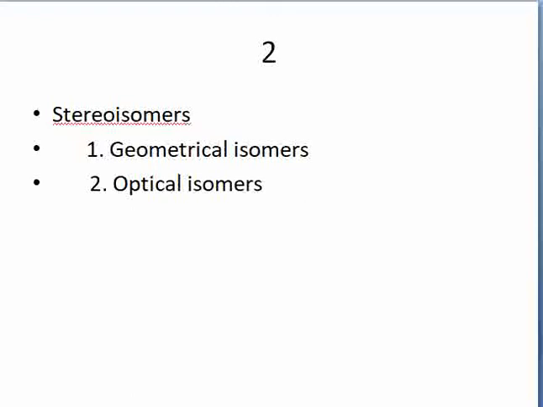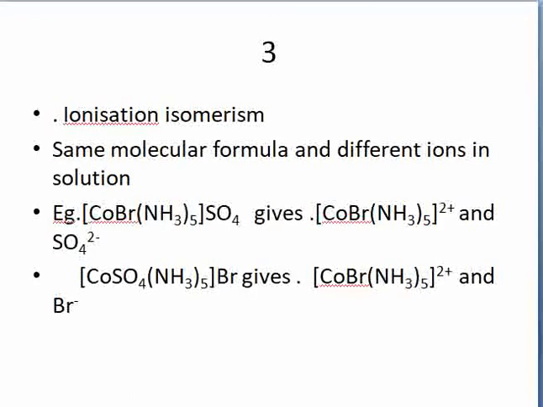Now we'll discuss ionization isomerism. The first isomer, the structural isomer, has the same molecular formula but gives different ions in solution. When you dissolve a complex in a solvent like water, the molecules give different ions, but they have the same molecular formula.